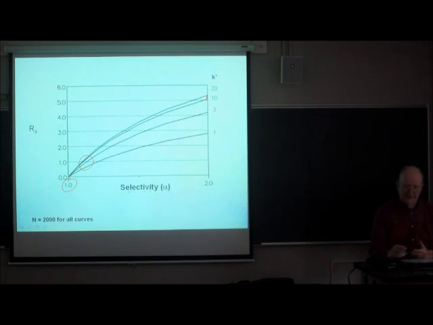After 10, there's just not much more to be gained by going to 20 or 50 or 100. You're just not going to help yourself. And of course, you're putting a gun to your head in terms of time, because if your K prime goes from 20 to 40, your analysis time just doubled, and you got nothing for it. Time is very expensive.